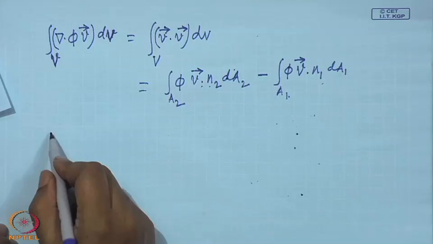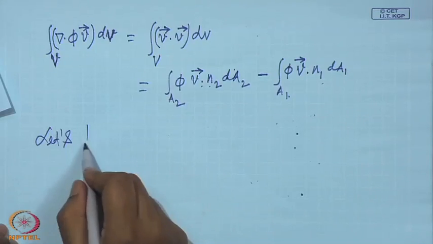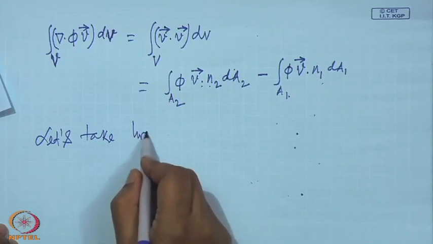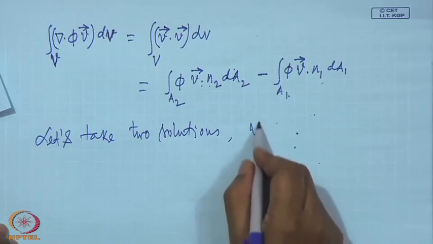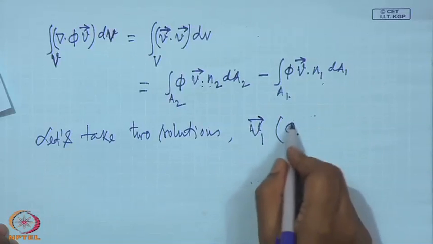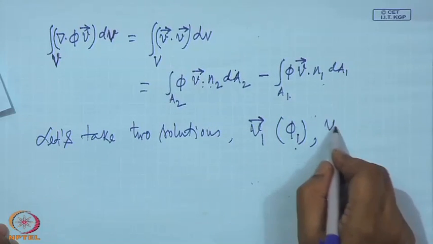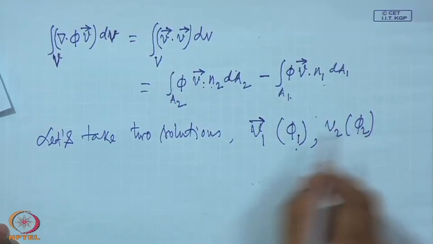So, if we have two solutions, V1 and V2 with corresponding potentials phi 1 and phi 2, then V1 minus V2 with associated potential phi 1 minus phi 2 will be another solution. So, let us take two solutions, V1 associated with phi 1 and V2 with phi 2.